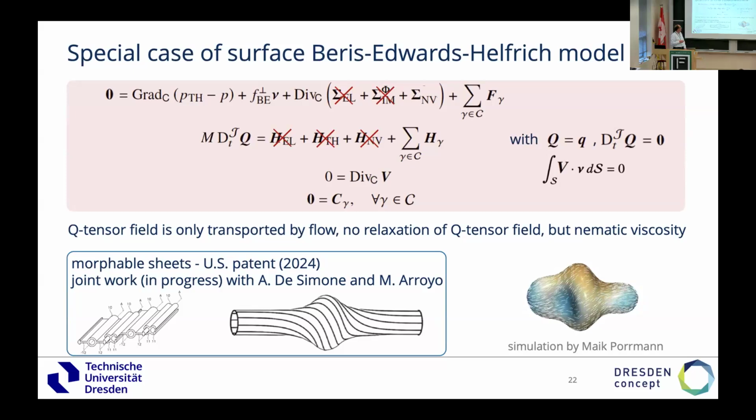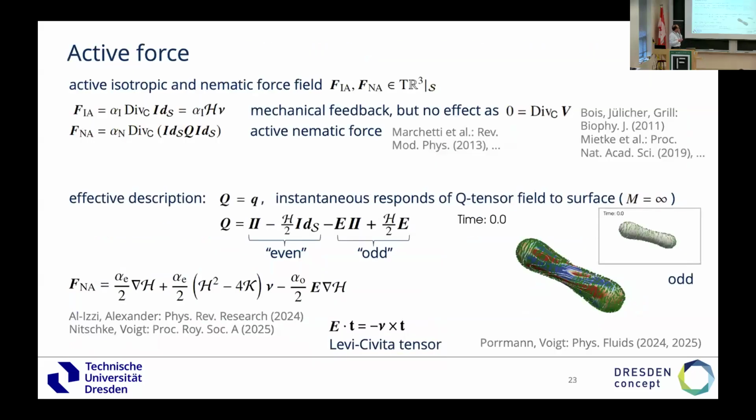Okay. Now, what else can we do with our reduced model? I promised to incorporate some active forces. Okay, any biological system has some activity, otherwise it would be dead, right? So we need to incorporate some activity, and there are different ways of doing this. One very popular way is to say, well, let's introduce some effective surface tension, so something which depends on mean curvature.